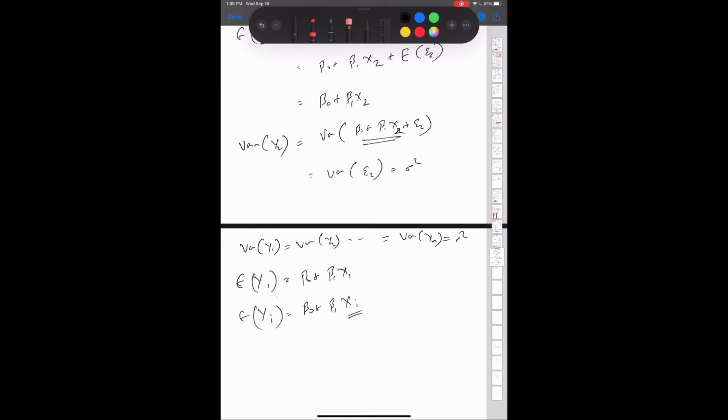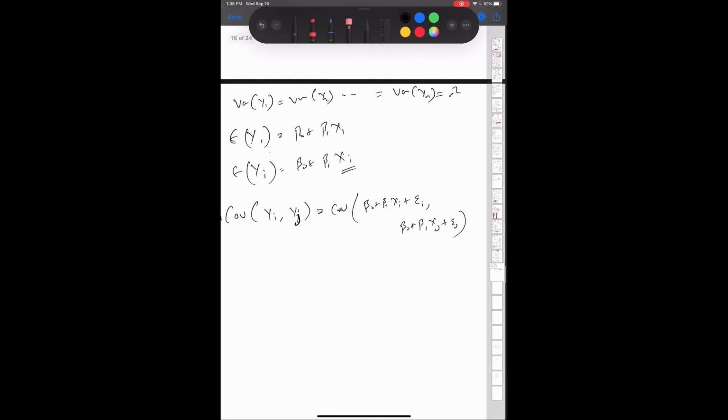So what is the covariance between yi and yj? That's another property. It's the covariance between beta 0 plus beta 1 xi plus epsilon i, and beta 0 plus beta 1 xj plus epsilon j. These parts are constants.